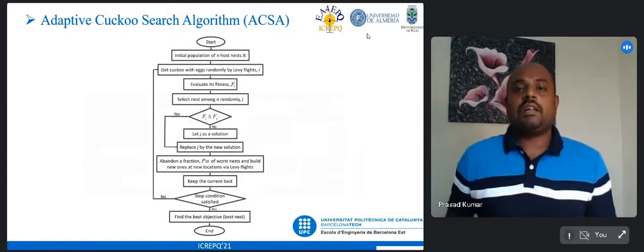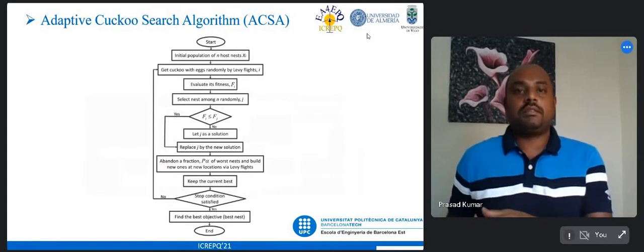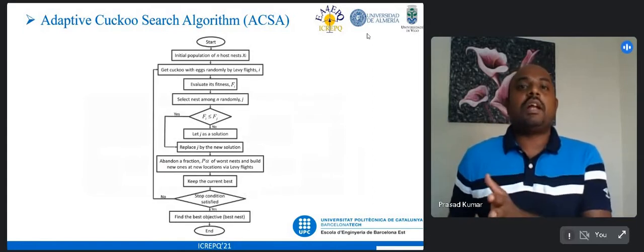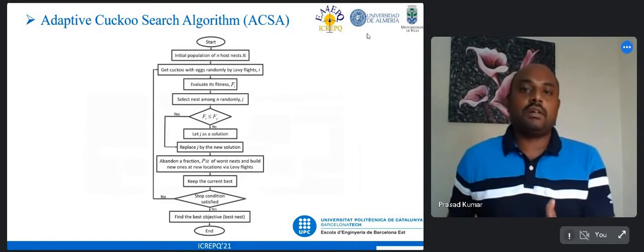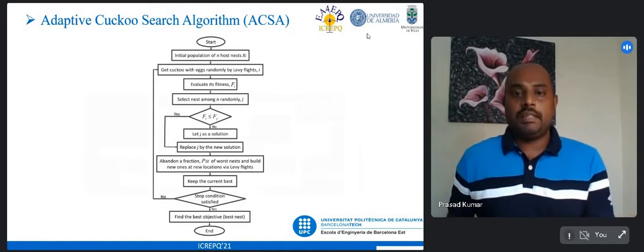This algorithm is used for optimization. A cuckoo bird doesn't have a nest, so it must place its egg in another bird's nest. That other bird we call the host bird, and the cuckoo travels randomly by using Levy flight. Once the cuckoo has found a nest, it will place the egg into the nest.